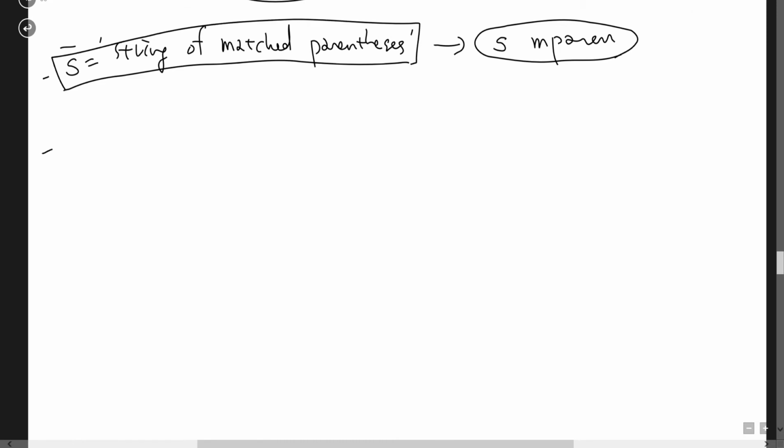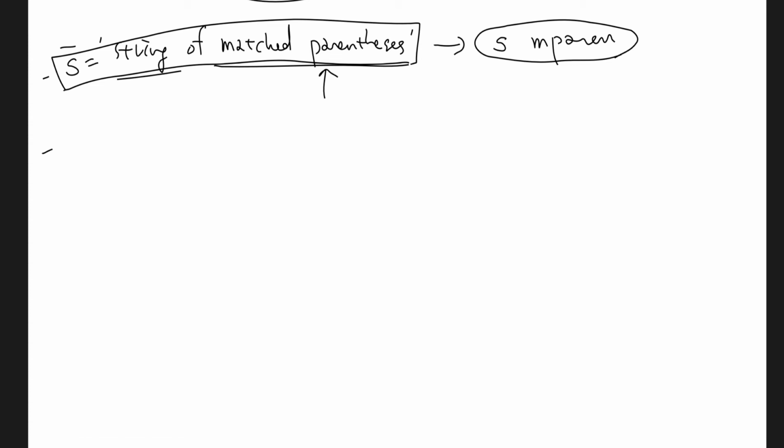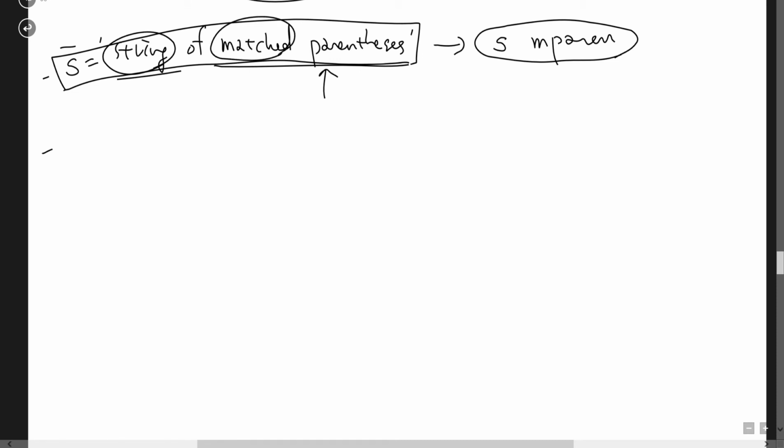First, we need to formalize the notion of being a string of matched parentheses because this statement is sort of informal. Remember that we are trying to prove that a given string is indeed matched, not just that the number of left parentheses is equal to the number of right parentheses. For instance, if we have this one, then this is matched.